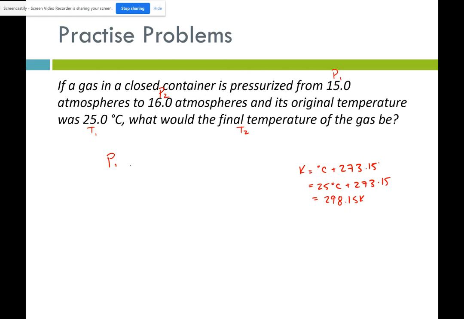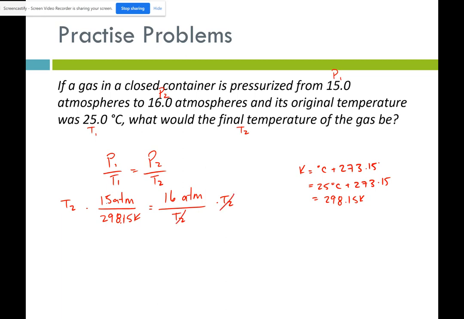Okay, so P1 over T1 equals P2 over T2. My initial pressure is 15 atmospheres, and my initial temperature was 298.15 Kelvin. My P2 was 16 atmospheres. I don't know what my T2 is. So T2 can't be on the bottom, so I'm going to start off by multiplying both sides by T2 to get it on the top.